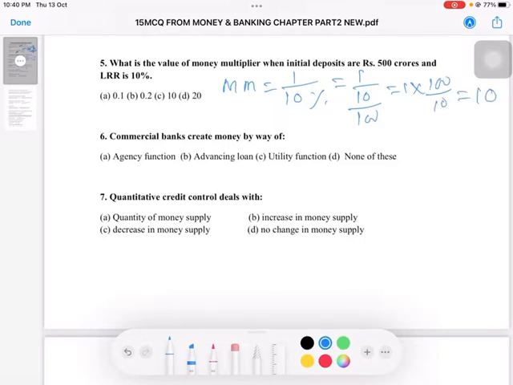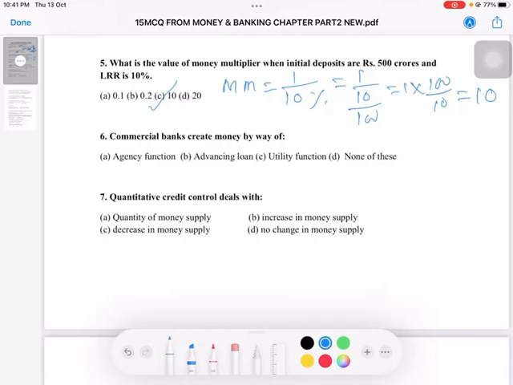Commercial banks create money by way of dash: agency function, advancing loan, utility function, and none of these. You know, the most important function of a commercial bank is credit creation, and this credit creation is possible by the process of accepting deposit and advancing loan. So in this case the right answer will be advancing loan.